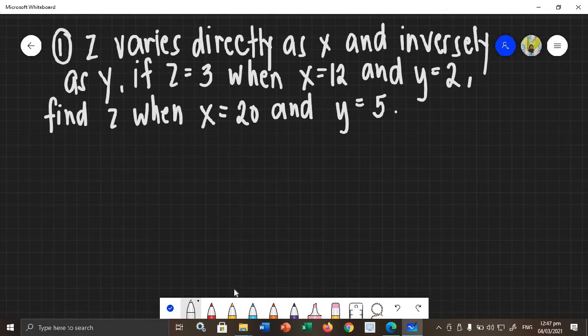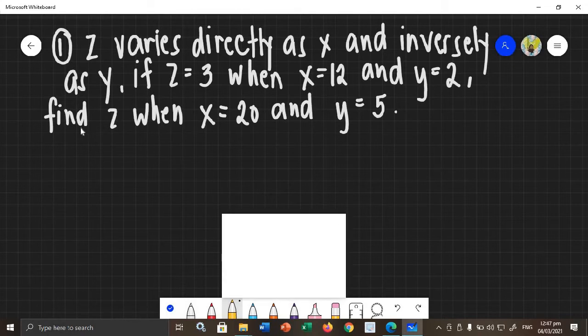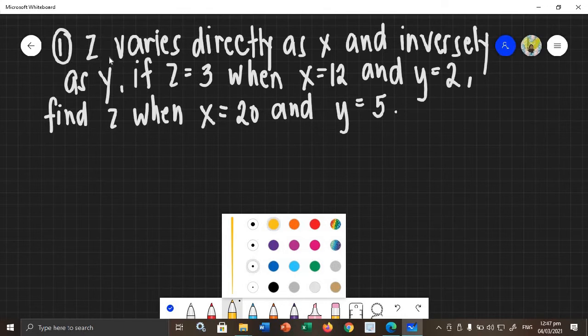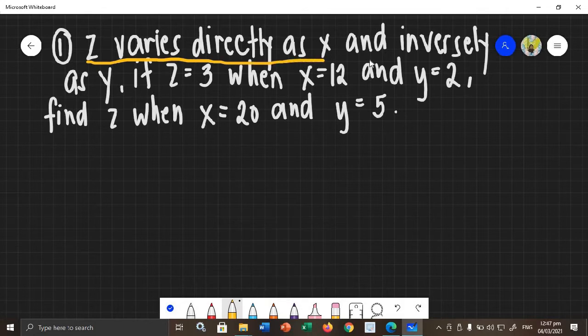Just like the previous variations that we talked about, the first thing we need to do to solve this problem is to translate the first phrase of the given into a function. We need to translate z varies directly as x and inversely as y into a formula that we need to solve this problem.